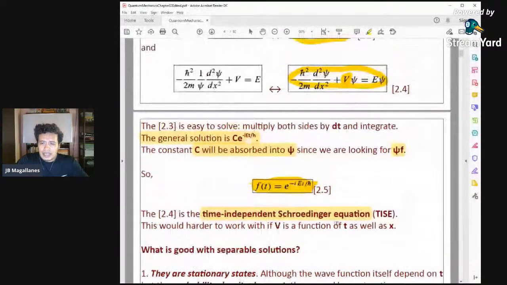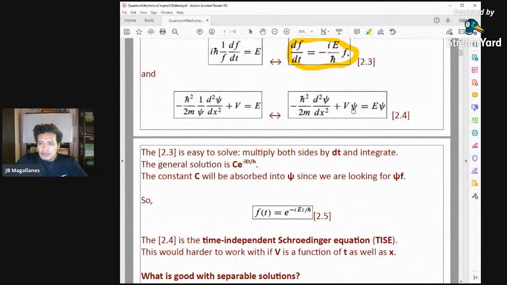In this case, if we look at equation 2.4, not everything here is a function of space. The first term is a function of space. Here you have a constant times the wave function, the stationary wave function, which is also a function of space.